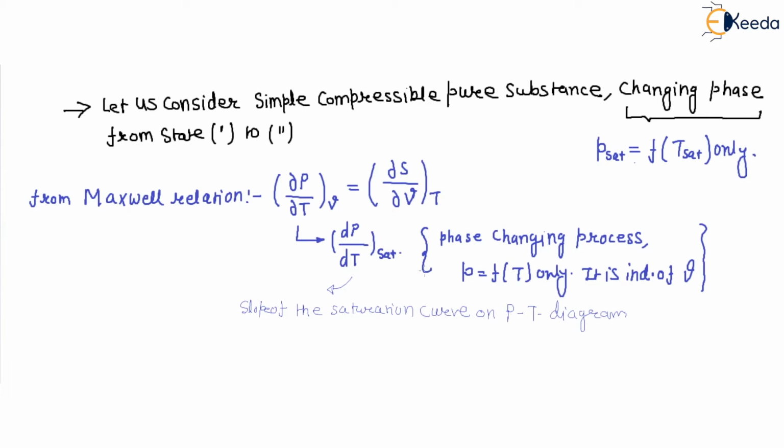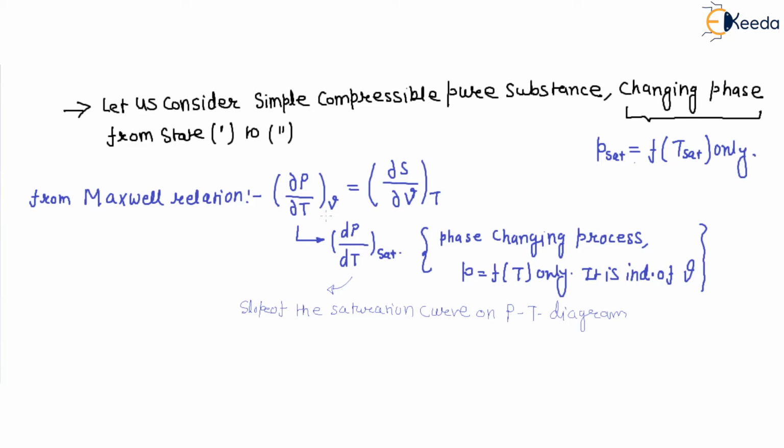Now this slope is independent of the specific volume, and thus it can be treated as a constant during the integration of the equation. If you integrate this equation, this is the constant. Why? Because this is independent of the specific volume.